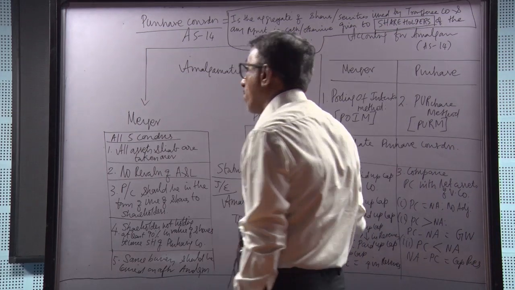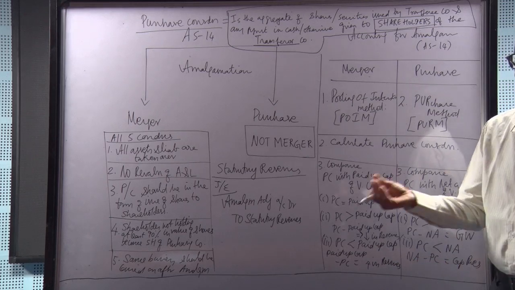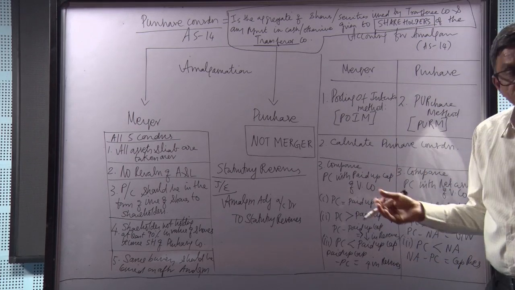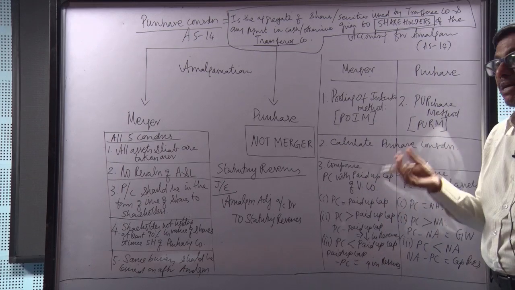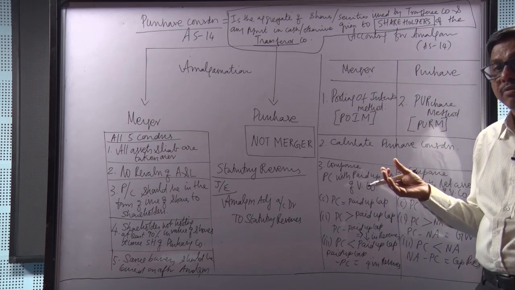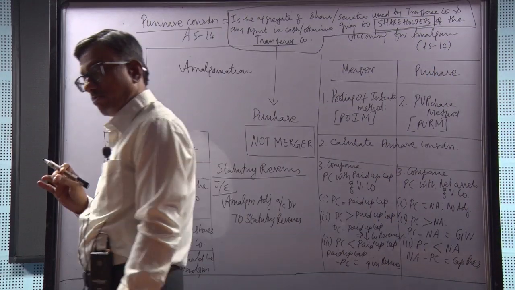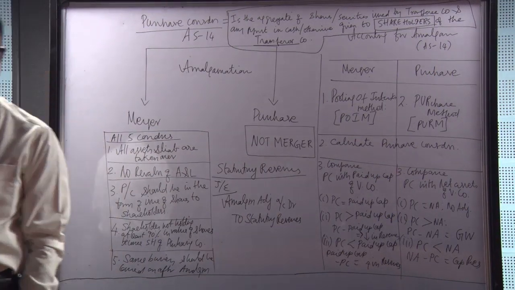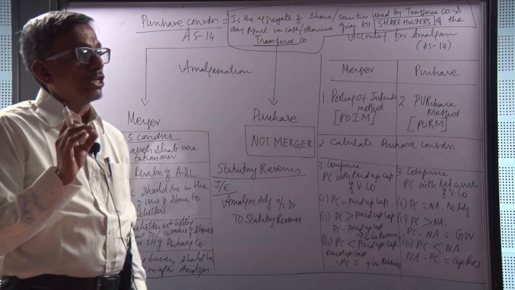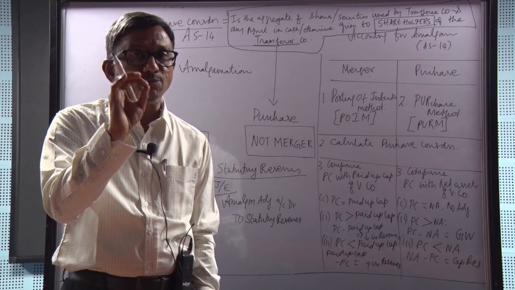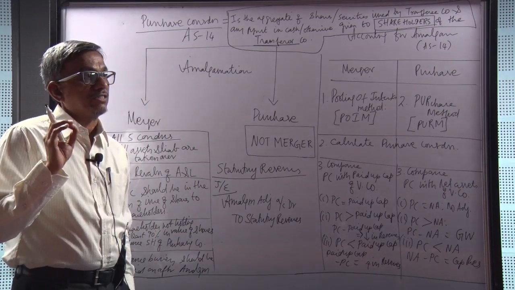It can be in the form of equity shares, preference shares, debentures, payment of cash, or any other assets also could have been given. What is given is not important. To whom it is given? It is given to the shareholders of the transferor company. That is more important to identify what forms part of the purchase consideration.